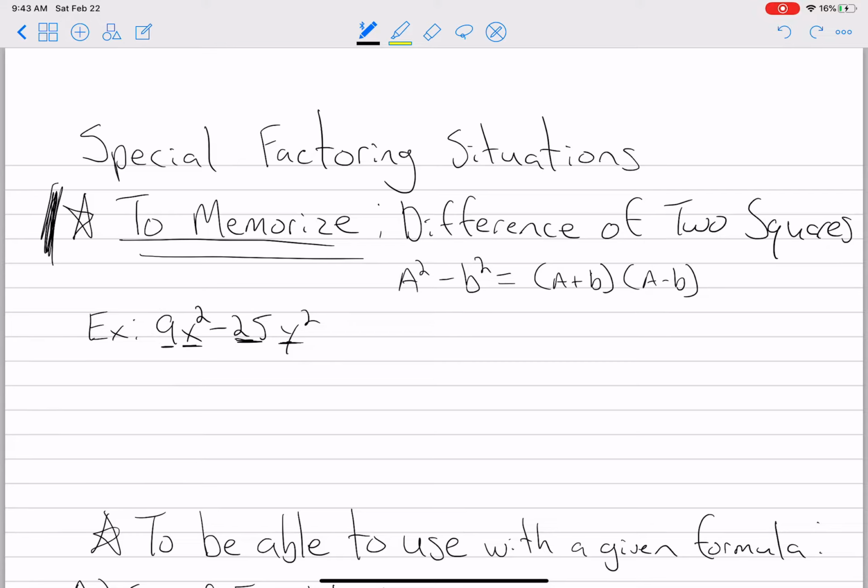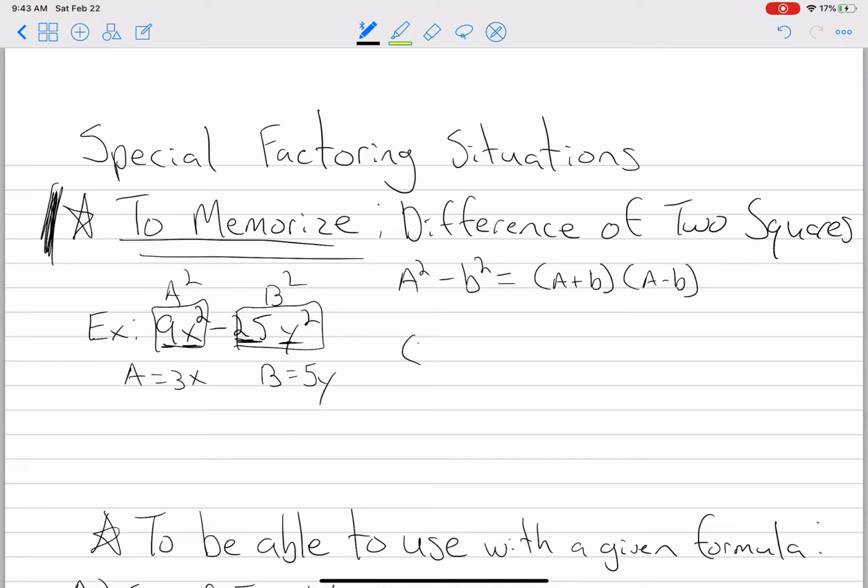So right away, I need to recognize that if this whole thing is a squared, and this whole thing is b squared, that means a equals 3x and b is equal to 5y. And then I know it's just a plus b times a minus b.